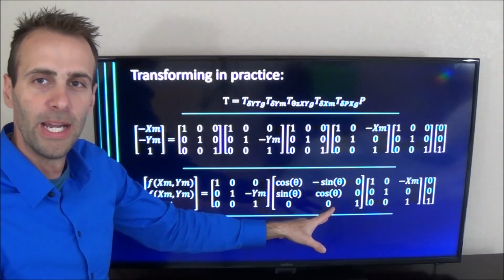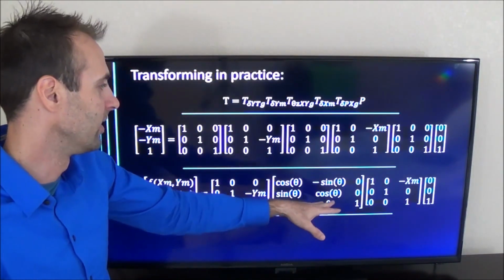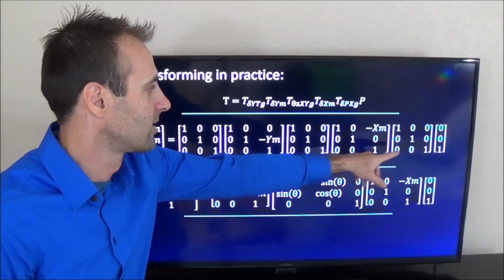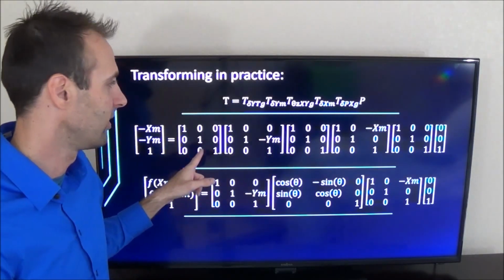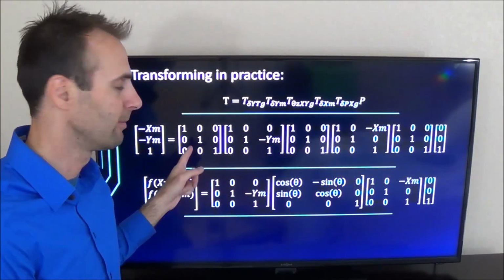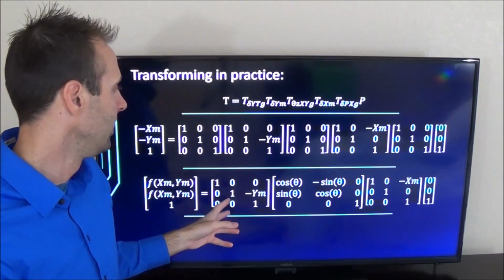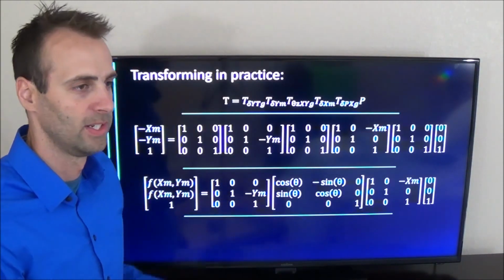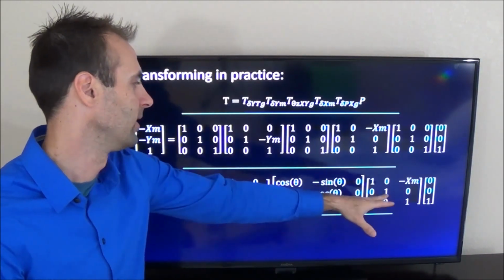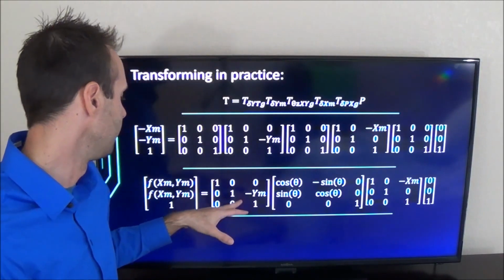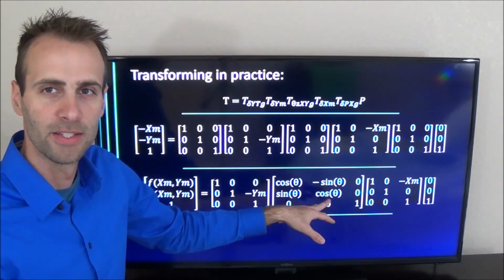Now if I throw a rotation in there, so in this equation my offset between the part offset and my tool offset drop out, and for the sake of simplicity I just put in here XM, YM, and then some rotation angle.